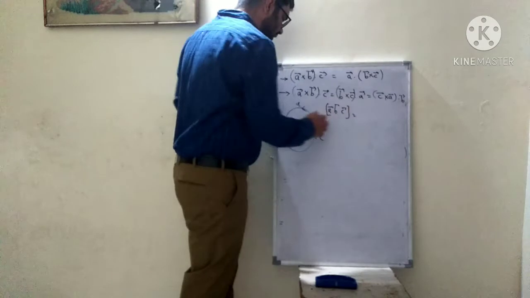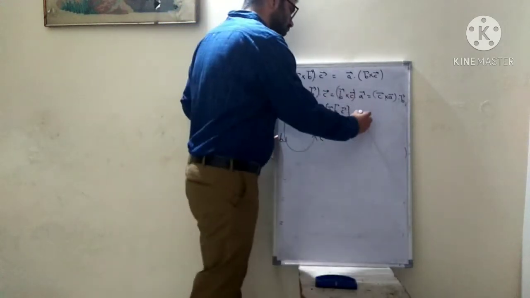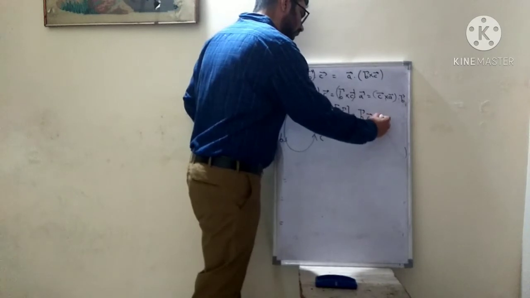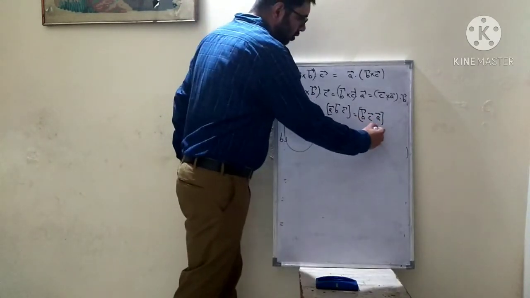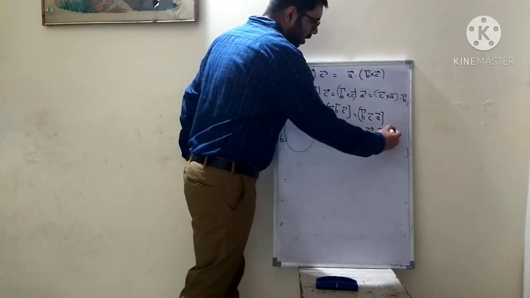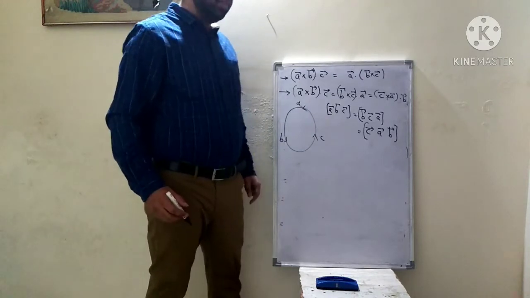Now if we continue in the cyclic order, if B comes first, then it should go in the same cycle, so it should be equal to B, C, A, and similarly if we start with C, then it should go C, A, B. So if we continue in the same cyclic order, then the result is always the same.